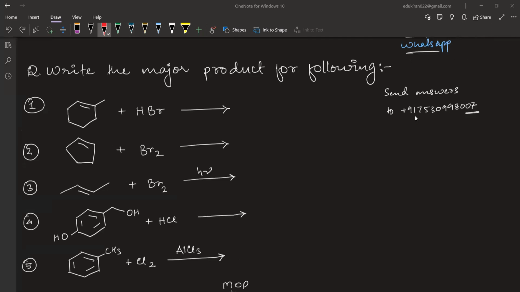Now Markovnikov rule means this double bond will break and the Br will attach on which carbon? The first carbon or the second carbon? Sorry, no, a bit loudly, please. The Br will attach on which carbon? First or second? The first carbon, sir. Second carbon, right?